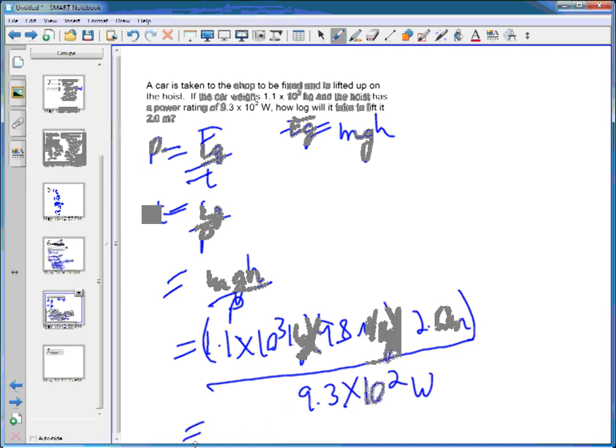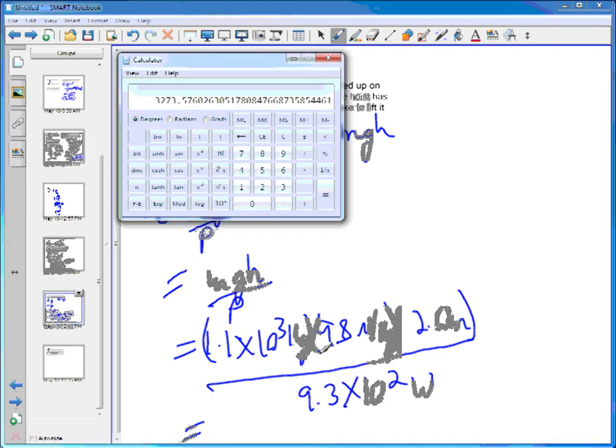Now 1.1 times 10 to the 3, that's 1,100 kilograms, times 9.8 newtons per kilogram, times 2 meters, divided by 9.3 times 10 to the 2. Times 10 to the 2 means we move the decimal place over 2. That's 930 watts. And we're left with 23.